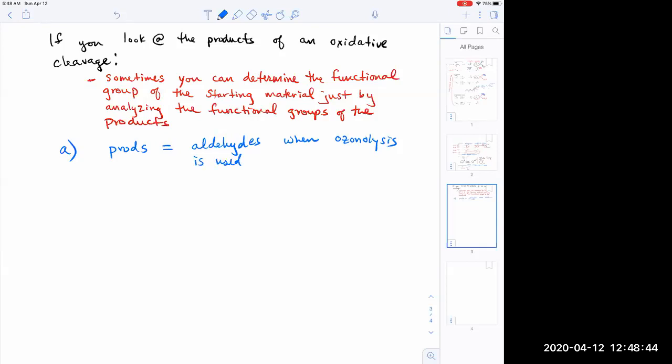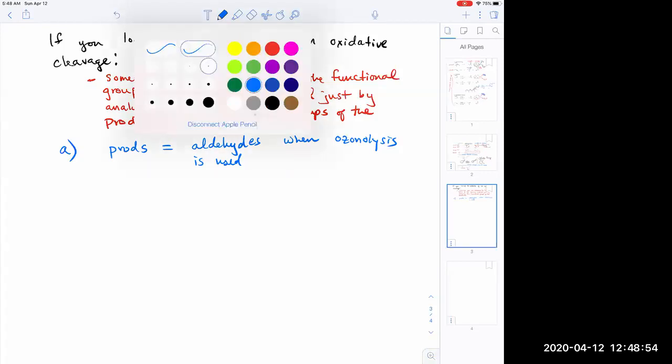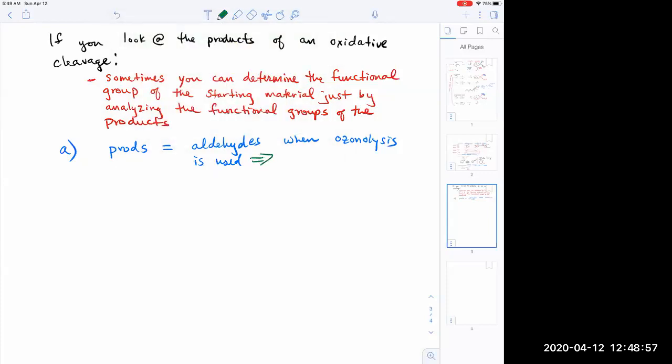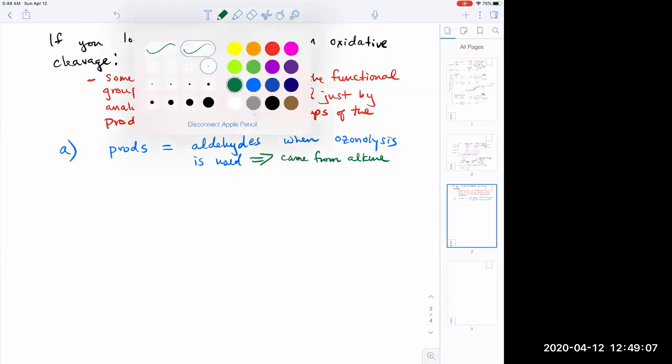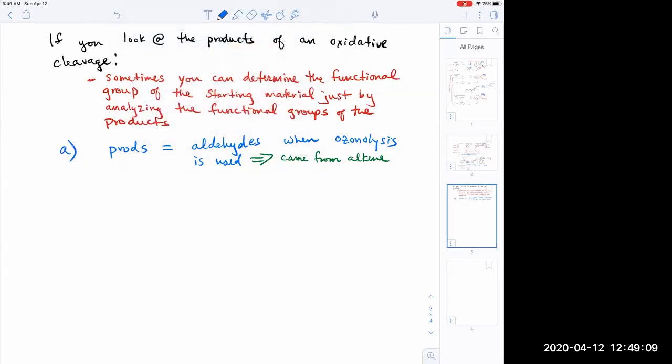Well, ozonolysis creates aldehydes from alkenes, but it produces carboxylic acids from alkynes. Then that would mean that you started with an alkene. That's the same thing if you saw any aldehydes, even if you had an aldehyde and a ketone when you did an ozonolysis, it had to come from an alkene.